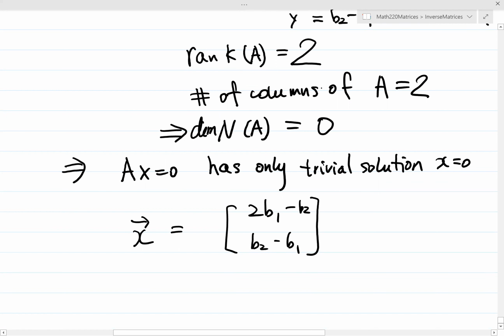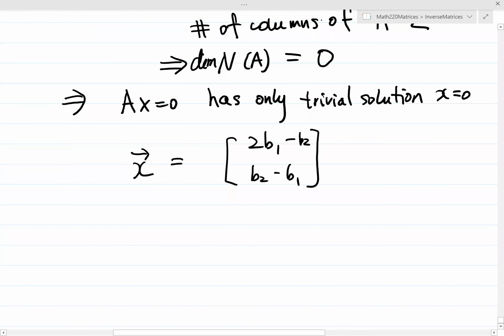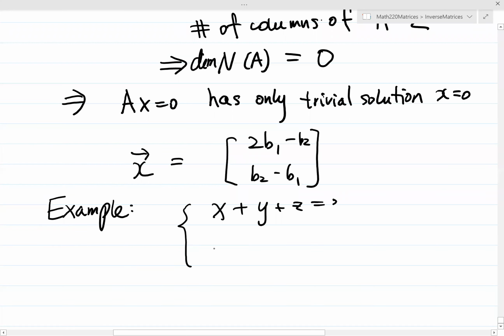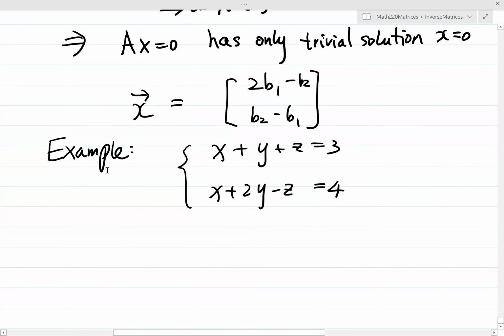Okay, more examples. Let's see this example. X plus y plus z is 3. X plus 2y minus z is 4. Now, if you write this as a matrix, this will be Ax equals b. Here we have 3 variables.